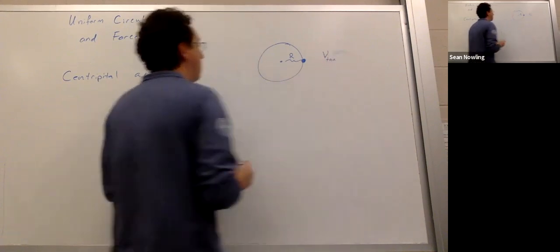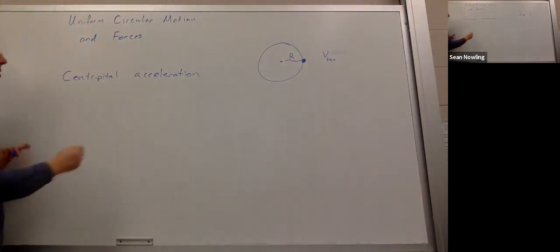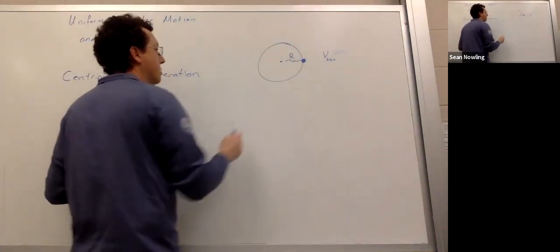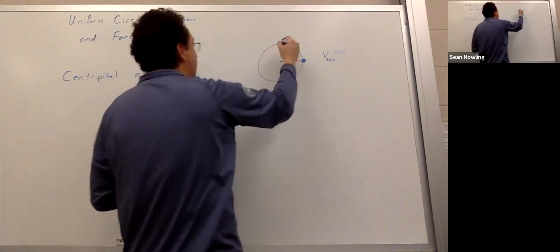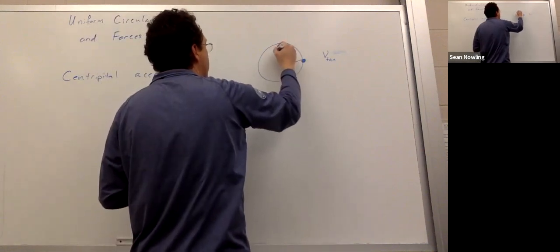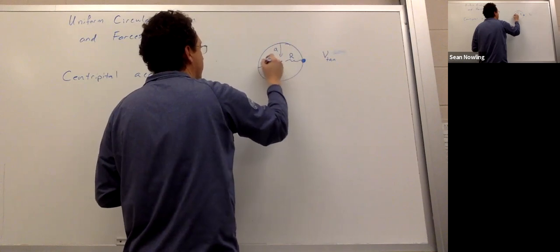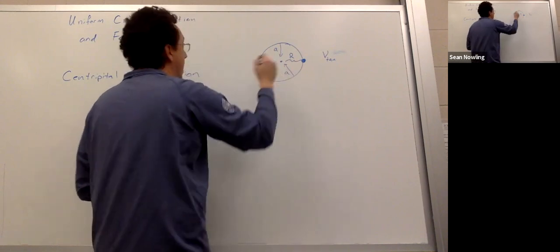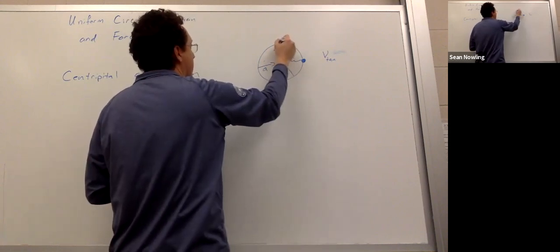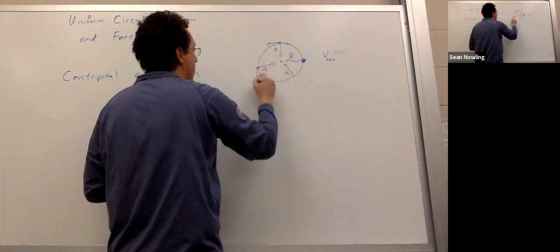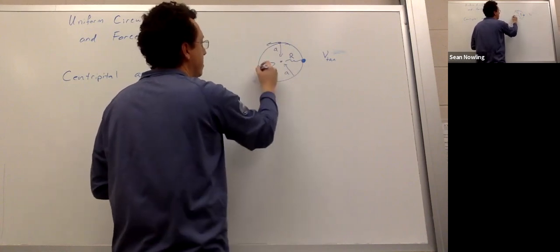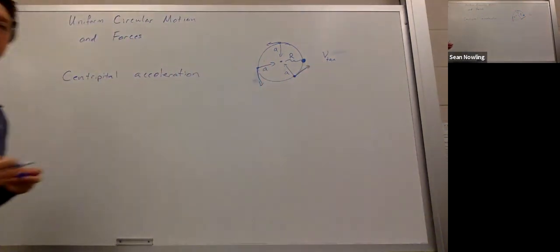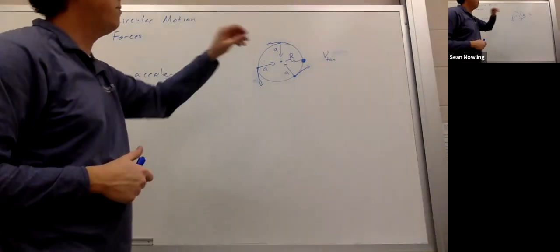Then what we found before was that, because the velocity was continuously changing, there was always an acceleration. We learned that the acceleration points towards the center of the circle. And not surprisingly, the velocity vector would be tangent to the circle, like that. Okay, so this is what we found before.